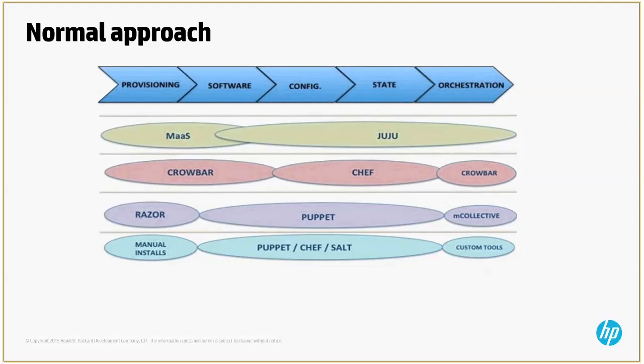So I need to analyze what is my controller, what are my compute nodes, and networking node. If there are any block storage nodes or object storage nodes, I need to identify these nodes, and after identifying those nodes, I need to install an operating system on that, and install all the packages that are required for the specific node.